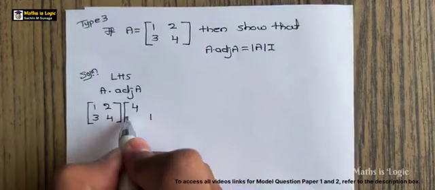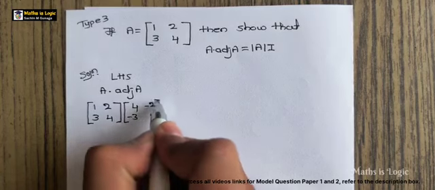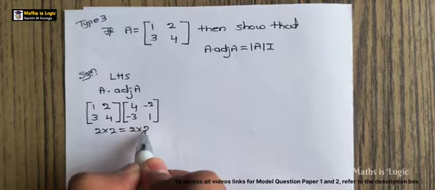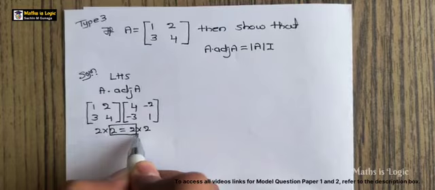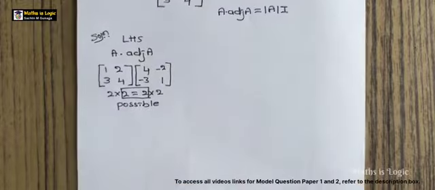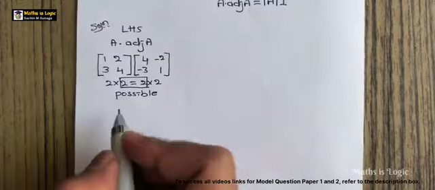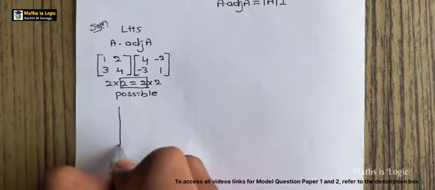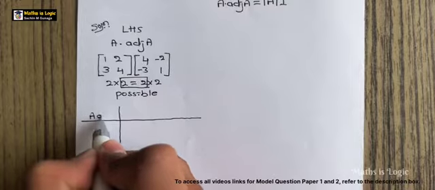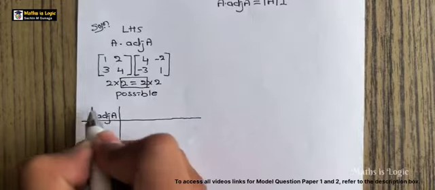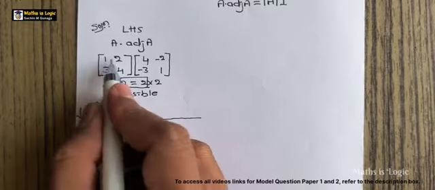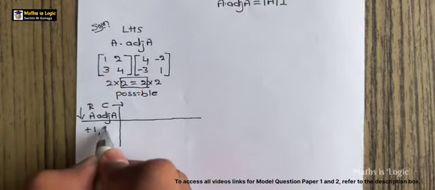For the remaining elements change the sign. -3, -2. So 2 cross 2 is equals to again 2 cross 2. So these two are equal. So matrix multiplication is possible. Next, apply the box method. So write A into adjoint of A, row, column. First row +1 +2.